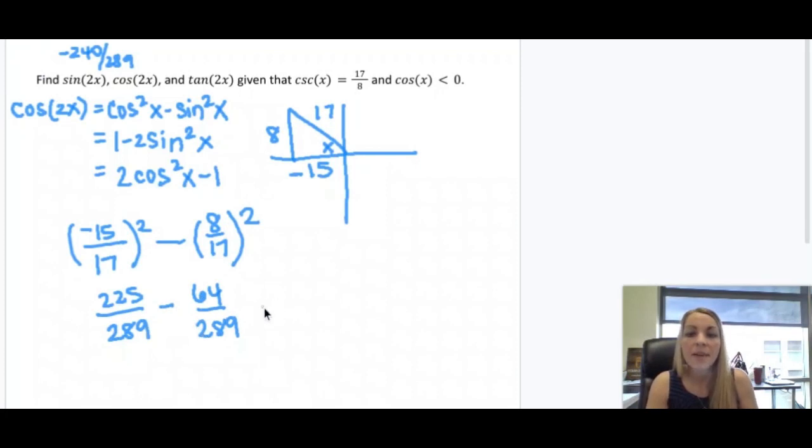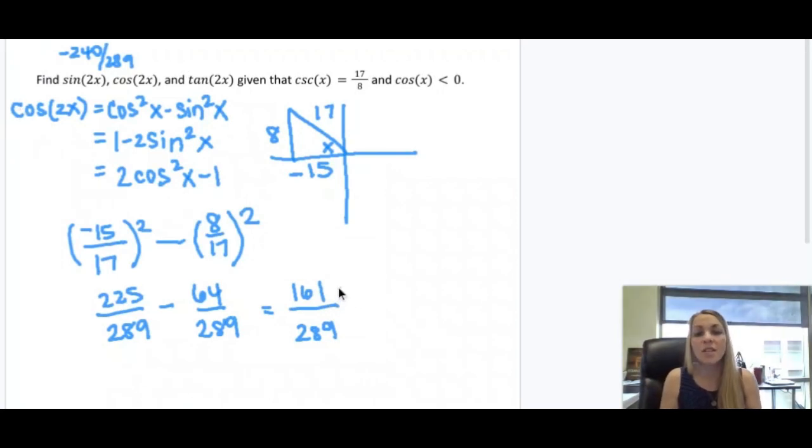Because I have common denominators, I can put these both over 289. And now I can just take 225 minus 64, which gets me 161. So the cosine of 2x equals 161 over 289. I'm going to write that right here.